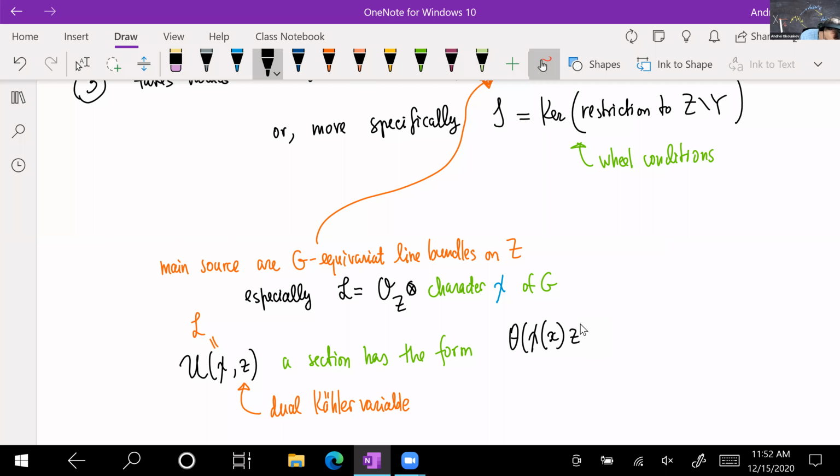Well, it depends on your convention, maybe plus or minus. Let's put z here. And then theta chi of x, theta of z. This sort of thing. Okay, maybe two.